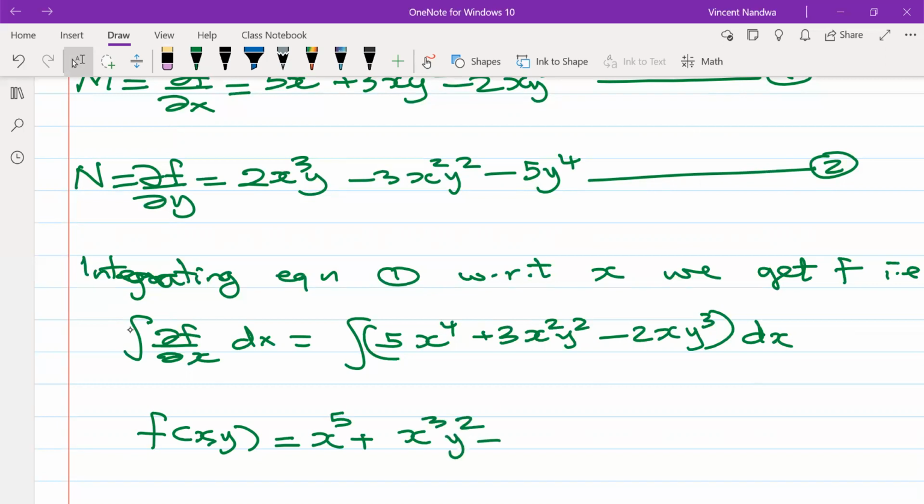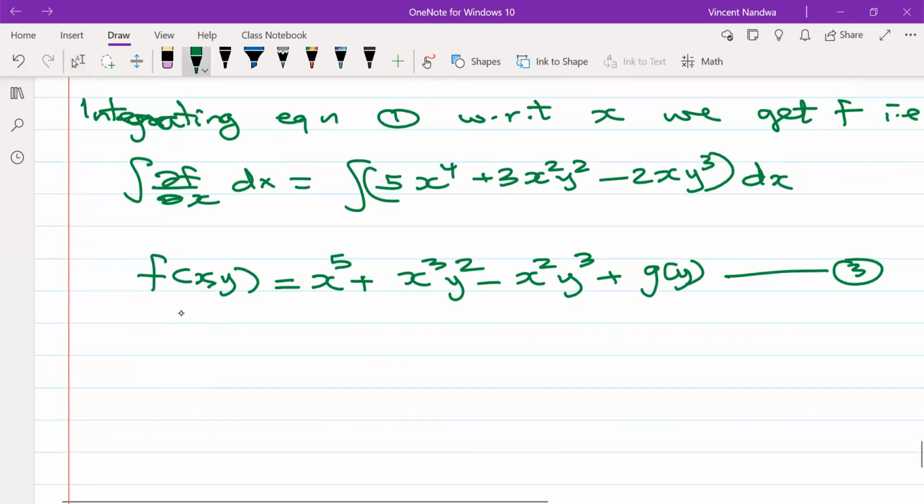This term will give us minus x^2y^3, and then plus a constant of integration, but that constant we write as a function of y. So call this equation 3.